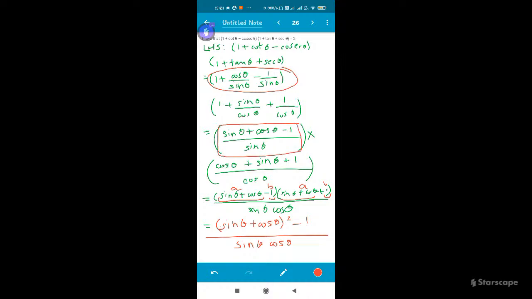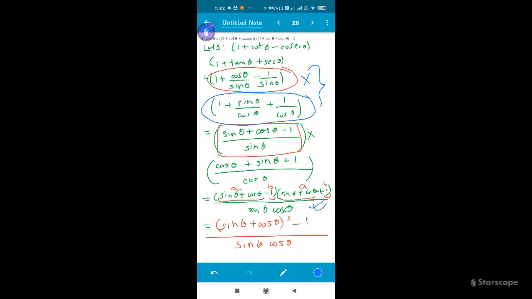Sin theta was the LCM, so we have written the numerator as sin theta plus cos theta minus 1. Similarly, for the second part, we have a multiplication sign in between, don't get confused. These both are getting multiplied with one another. For the second term inside the bracket, the LCM is cos theta, so our numerator becomes cos theta plus sin theta plus 1. And hence I have taken it under the same fraction bar.